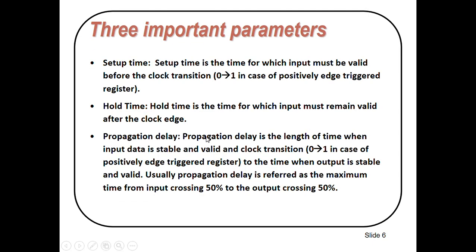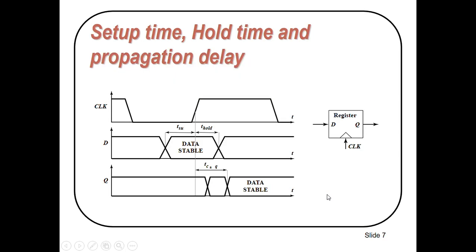Propagation delay is the length of time from when the input is stable and valid and the clock transitions 0 to 1, in the case of a positive edge triggered register, to the time when the output is stable. Usually propagation delay is referred to as the maximum time from the input crossing 50% to the output crossing 50%.